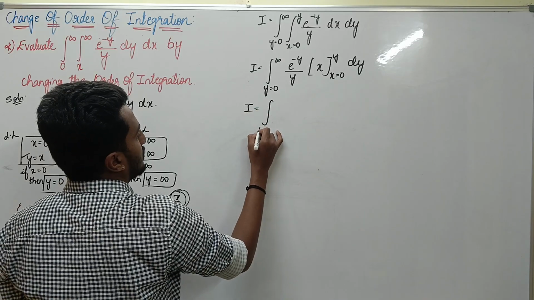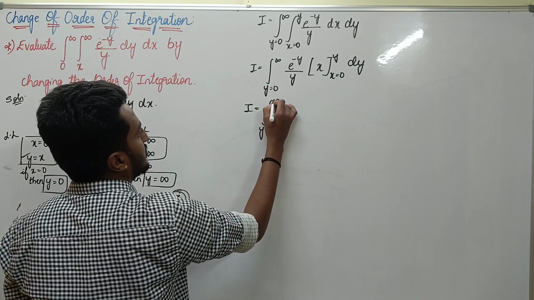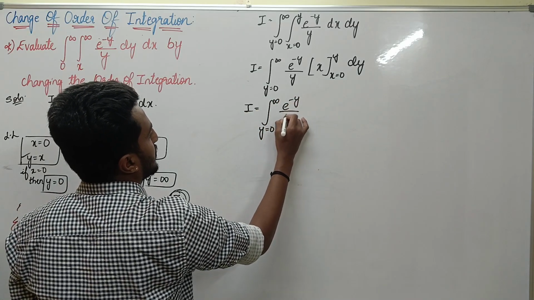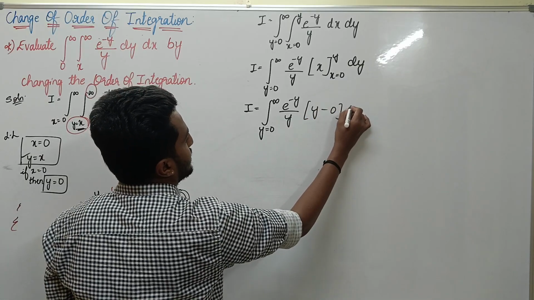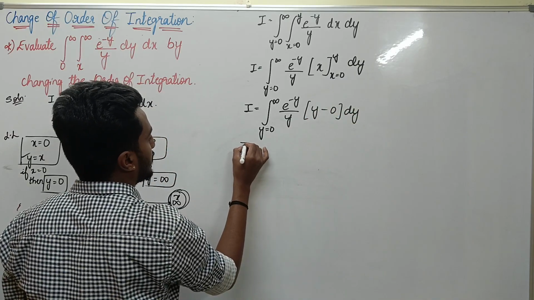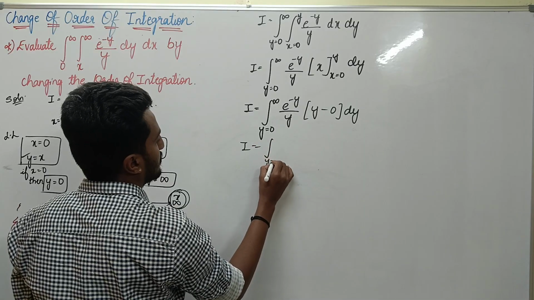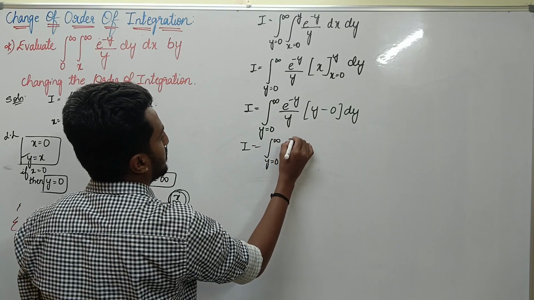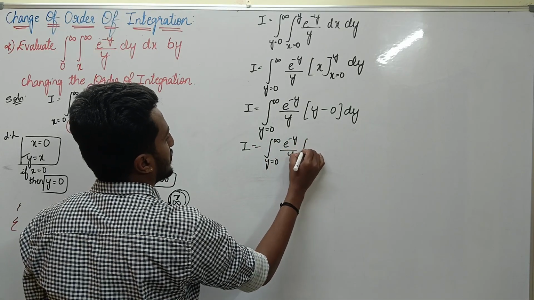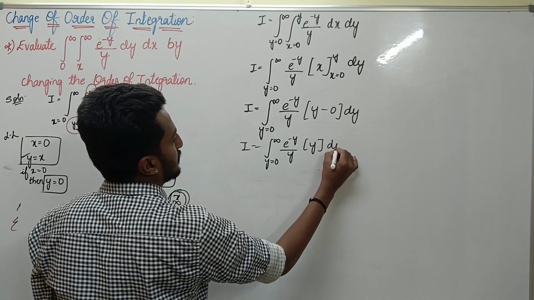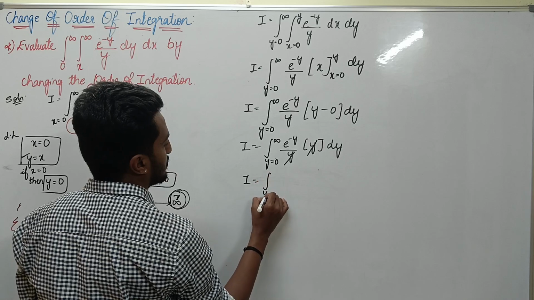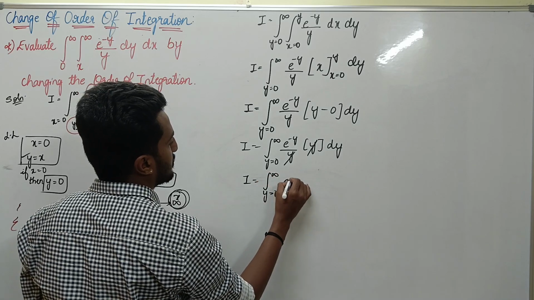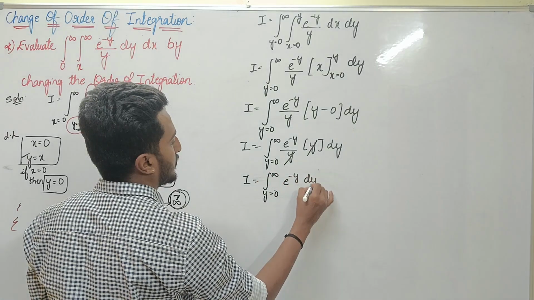I equals integral from 0 to infinity of e power of minus y by y into y minus 0, dy. Y minus 0 is y. So I equals integral from 0 to infinity of e power of minus y by y into y dy. The y cancels, and I equals the integral from 0 to infinity of e power of minus y dy.